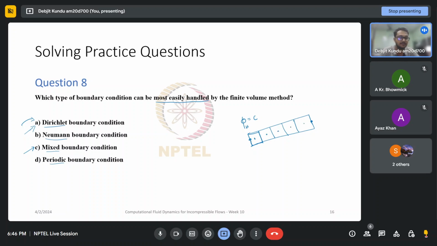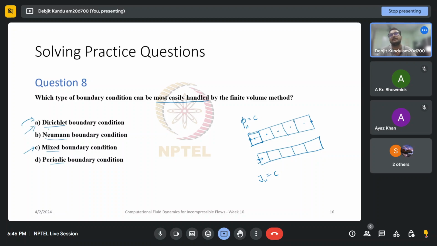And I can use the mean value approximations and go about it. Similarly, another way of doing it would be to mention the flux over here. In that case, my J w is some constant. So this can also be handled pretty easily.